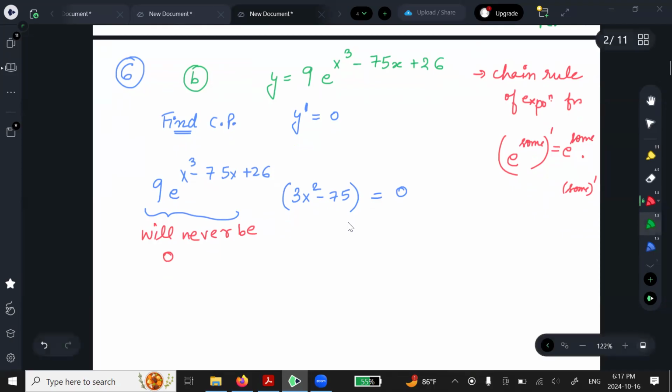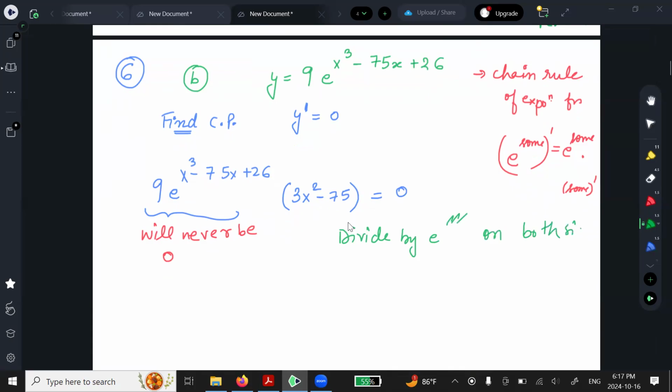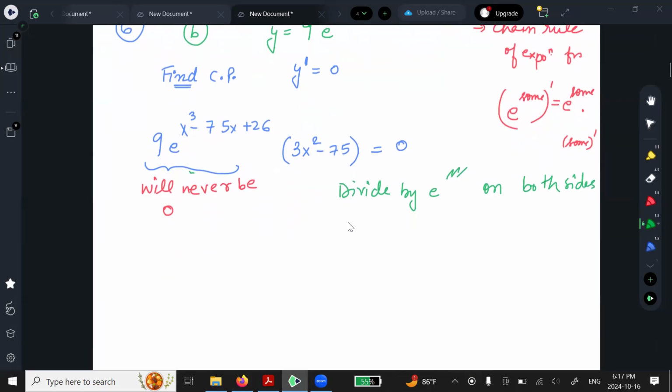So I'm going to divide by e to the power blah blah on both sides, because the right side is just going to be 0, right? And I can take the 9 with the e down. So that's good. Now I'm only left with this guy.